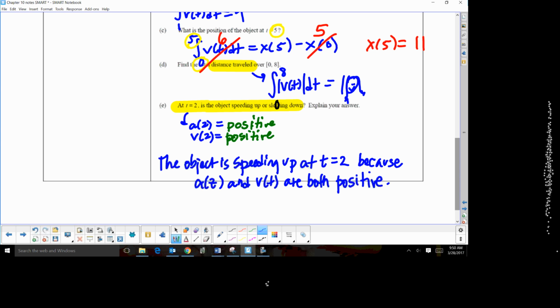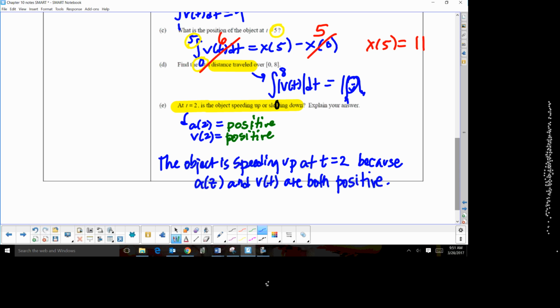I said it's speeding up at t equals 2, but my reasoning was because a of t and v of t are both positive. So, is this right or wrong? I know it's wrong. What do you say?